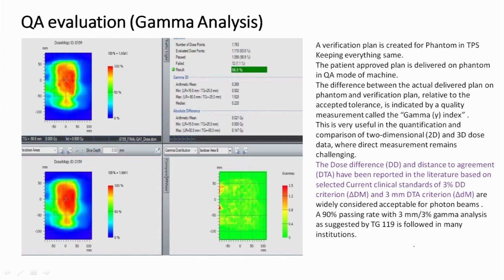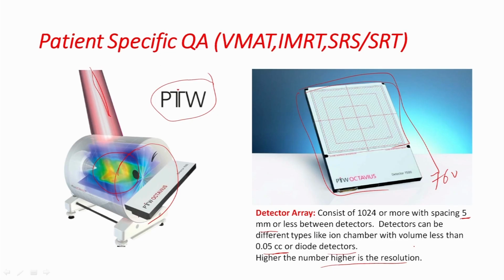There is no change in any single parameter of the existing plan. Only this newly created plan is going to be delivered on a phantom. The approved plan was for the patient, and the dose distribution you saw is in the patient, but in a quality assurance plan your dose distribution is going to be created in a phantom.